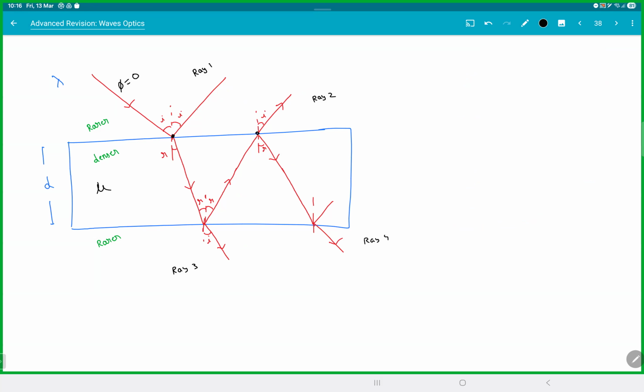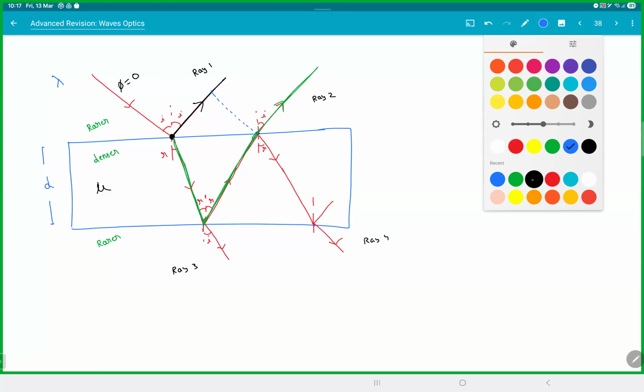Look at this thing. So this ray 1 starting from this point is traveling this distance. Ray 2 is going inside, then going this way, and then coming out. From here, if you drop a perpendicular, for simplicity I'll put some alphabets.